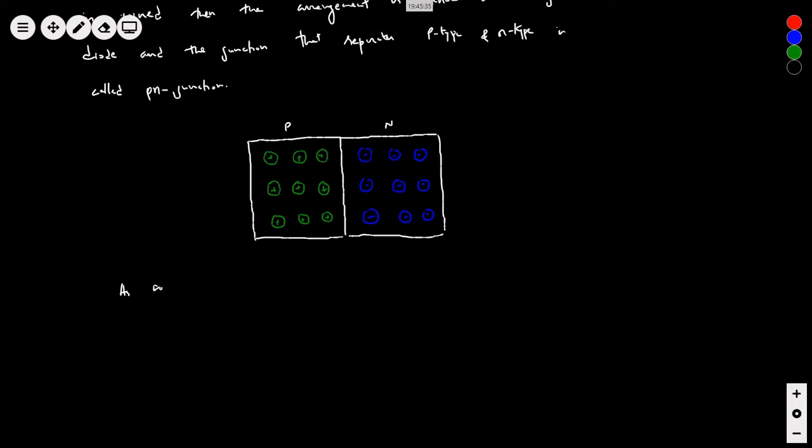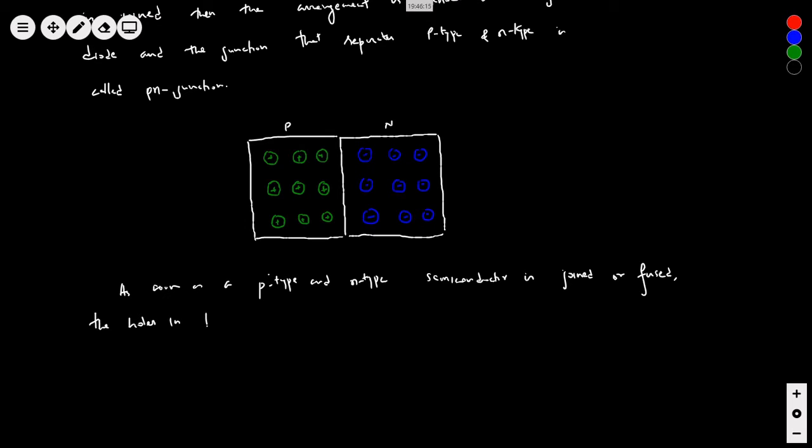As soon as a p-type and an n-type semiconductor are joined or fused, the holes in the p-type and electrons in the n-type diffuse across the junction.